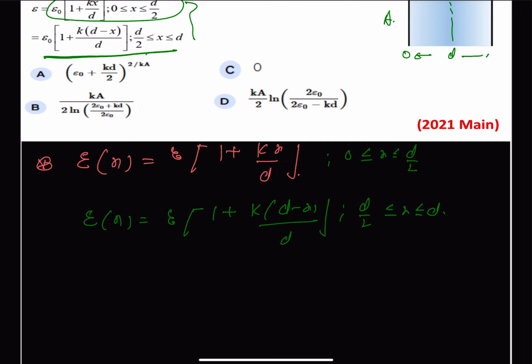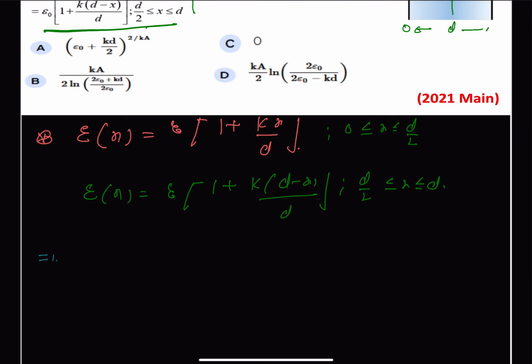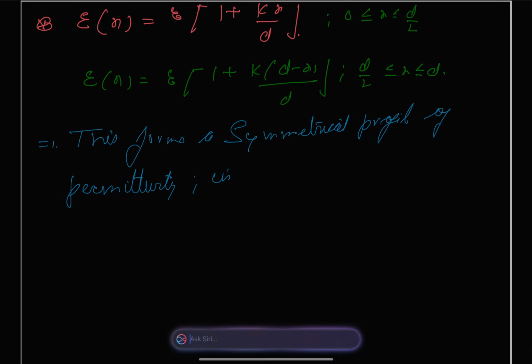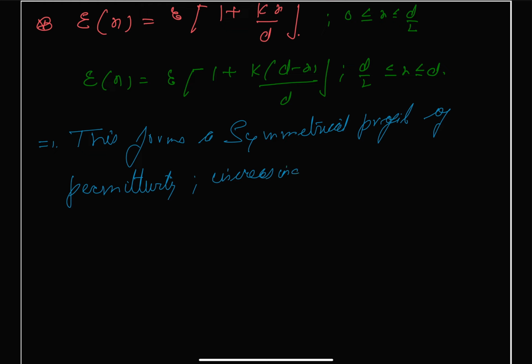Therefore we can write that this forms a symmetric profile of permittivity, increasing linearly to the middle, and then decreasing linearly.